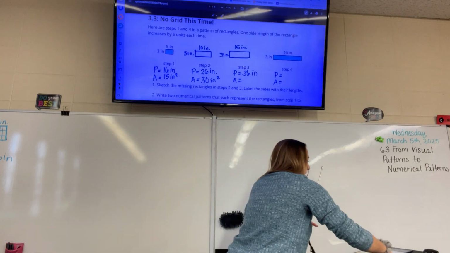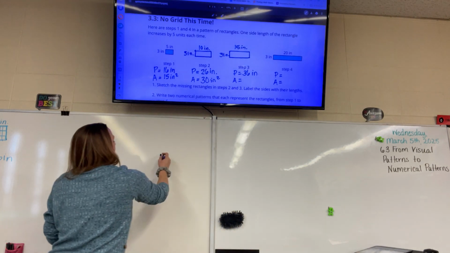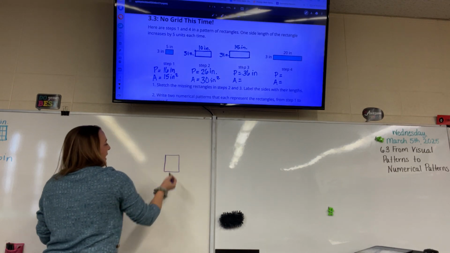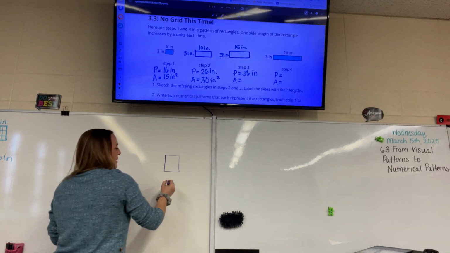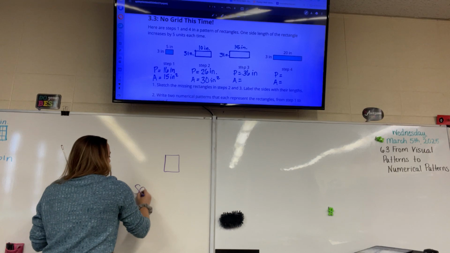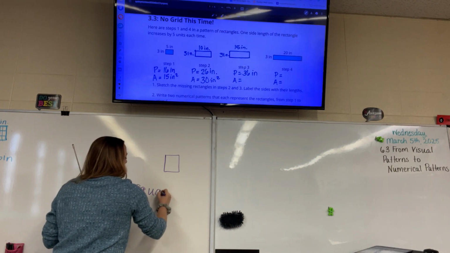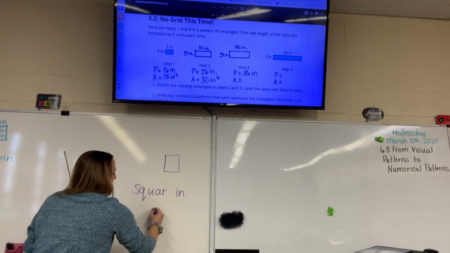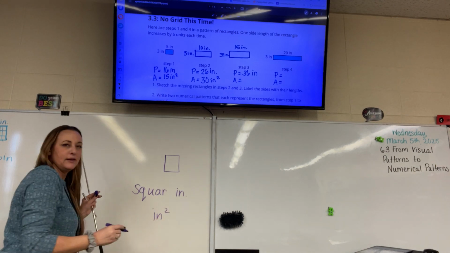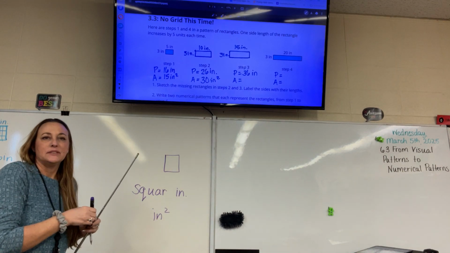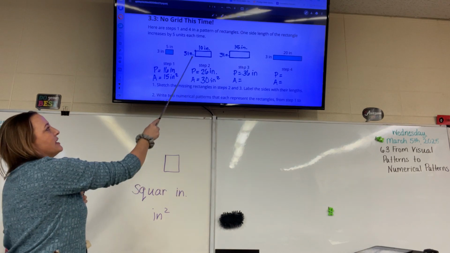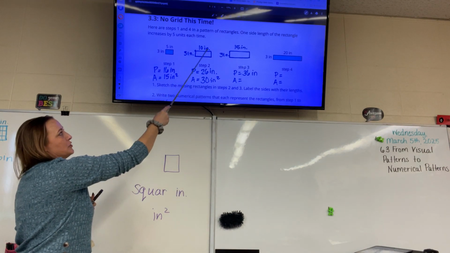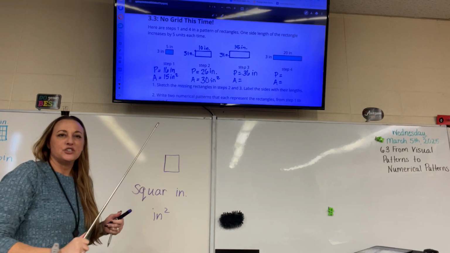So we're figuring out how many squares can cover it. So we could write out the words square inches, or we could write it like this, inches squared, and I just think that's shorter. Does that make sense? You can think I've got 2 inches that I'm multiplying together, so it's inches squared.